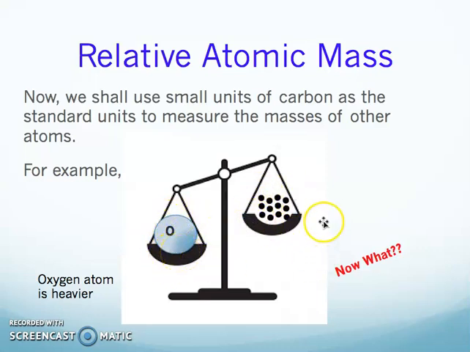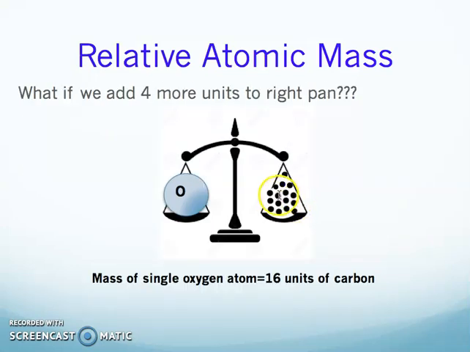That means we have to add more carbon units on the right hand side so that this physical balance can get into equilibrium. Now what will happen? We had 12 units there previously.